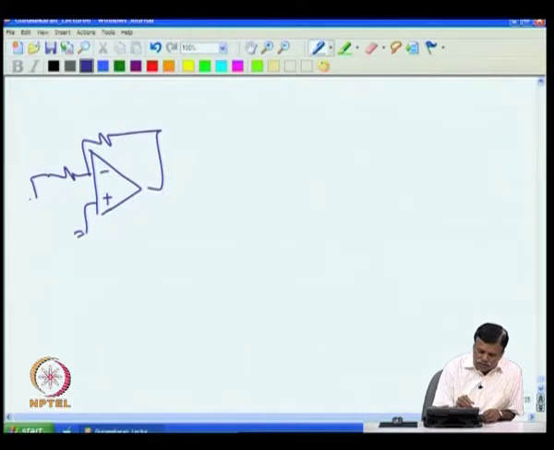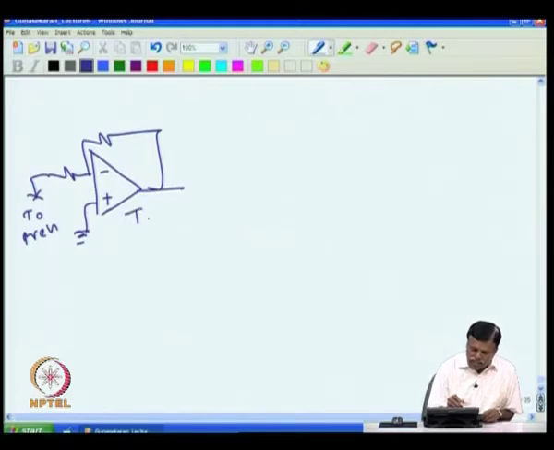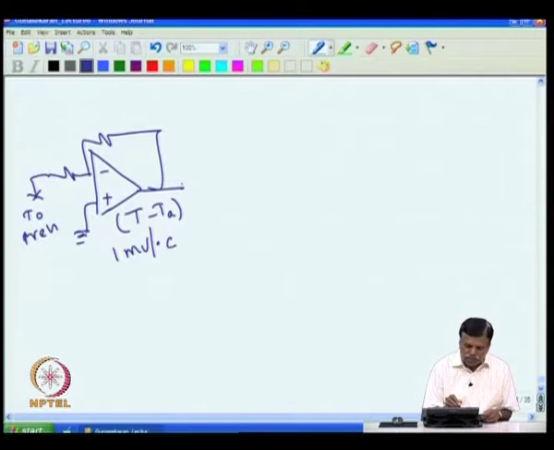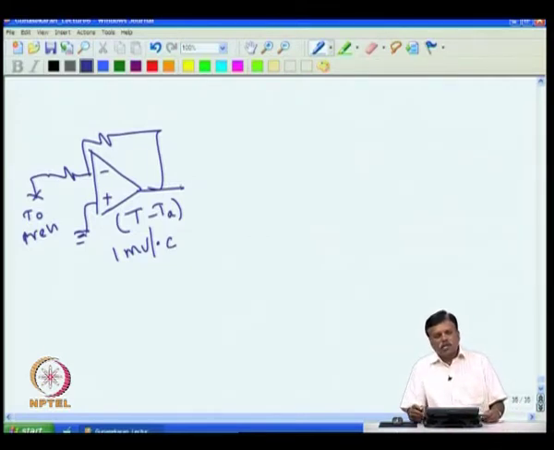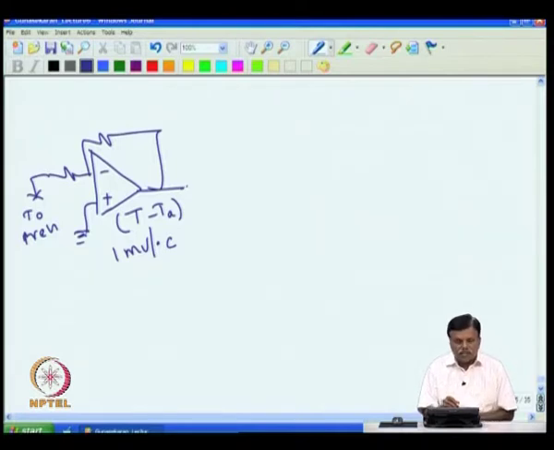You will get here the error voltage, that is T set minus T ambient. 1 millivolt per degree C is the sensitivity at this point, because every 1 degree C will give me 1 millivolt difference at this point.